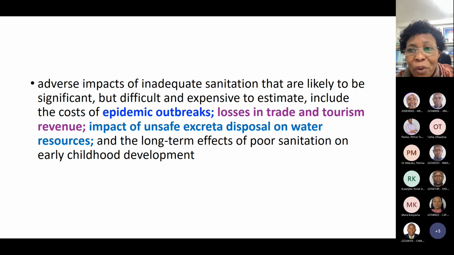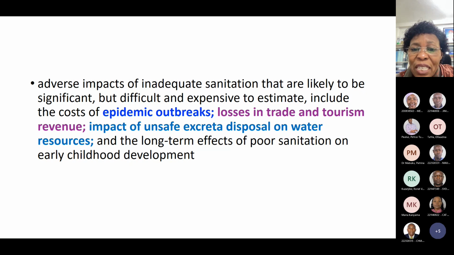But I would like to draw your attention particularly to early childhood development. So what it means is when we don't have good sanitation in place, then the children will experience poor development. This is very dangerous.